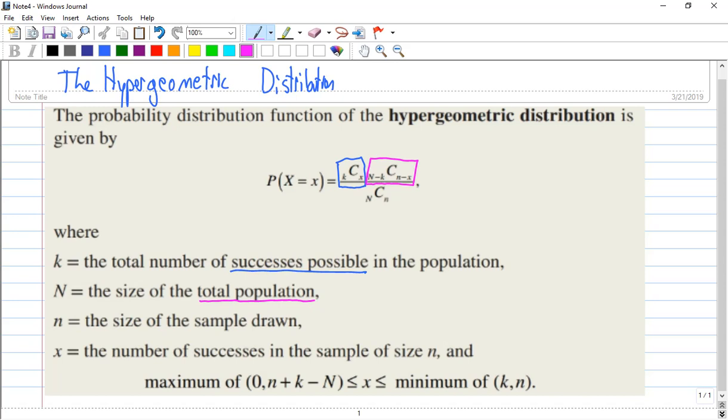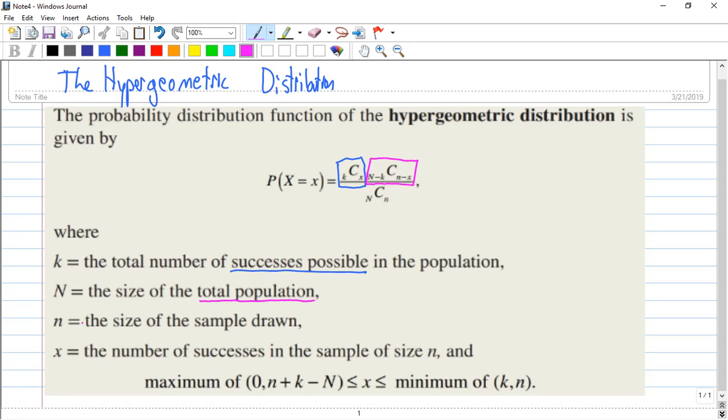At that point we would have already figured out K, the number of successes possible. And then lowercase n is the size of the sample drawn. So if I'm selecting 3 people, or 3 marbles, or something like that, the size that I'm drawing out of the entire population, that's little n.